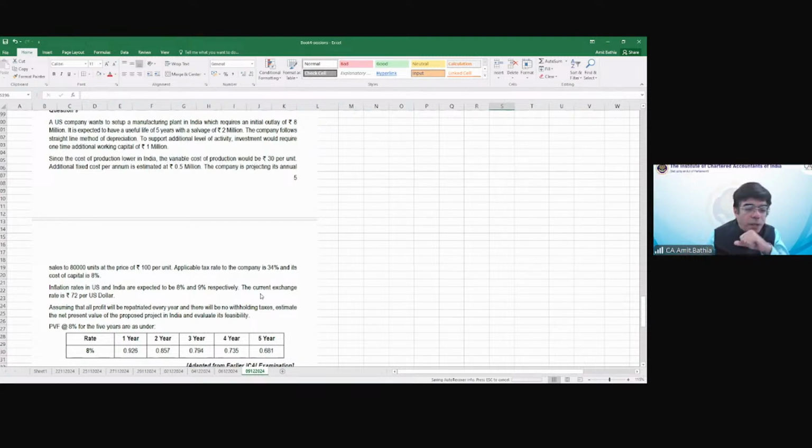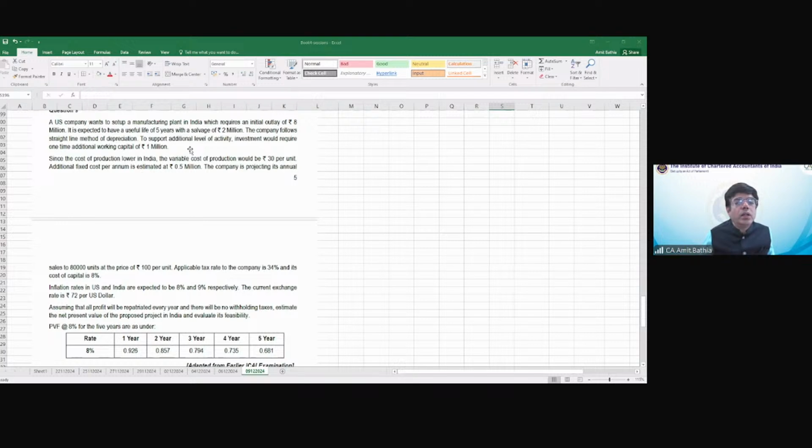Assuming that all profit will be repatriated every year, meaning whatever profits are there will be taken out on a yearly basis, right? So that is not going to get reinvested. And there will be no withholding taxes. Estimate the NPV of the proposed project in India and evaluate its feasibility. PVF at 8% for 5 years are as under.